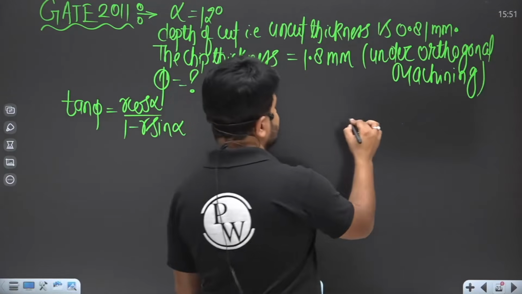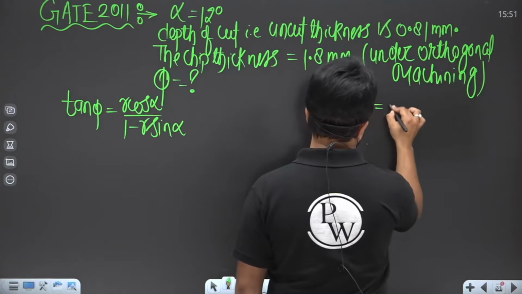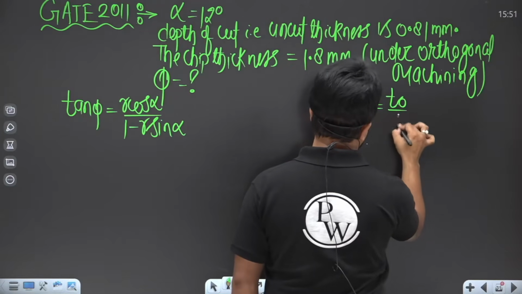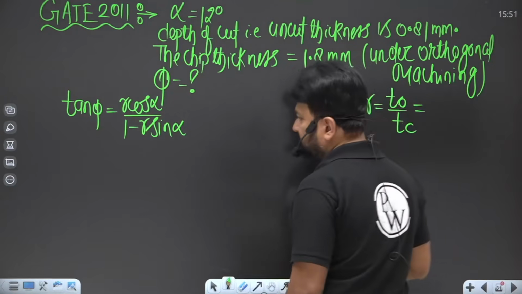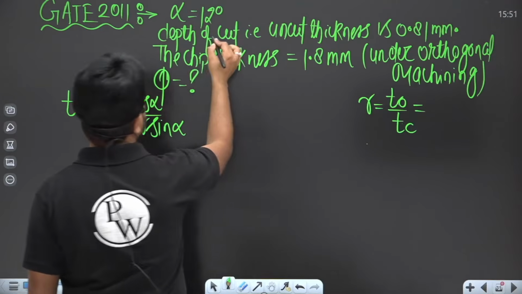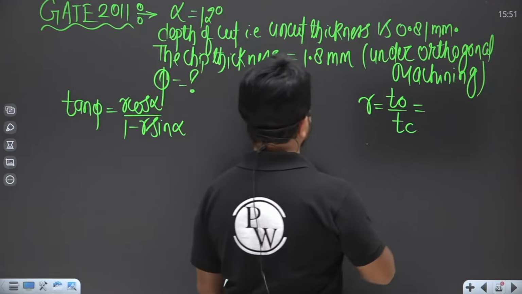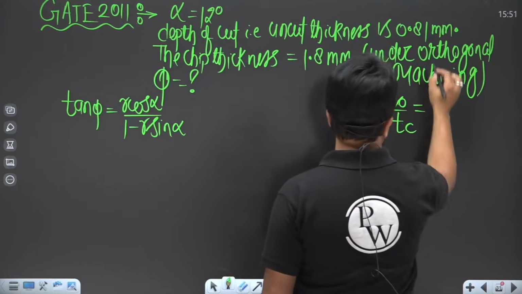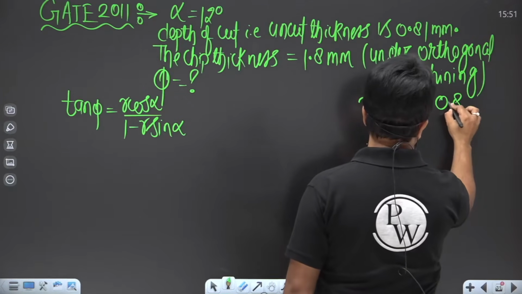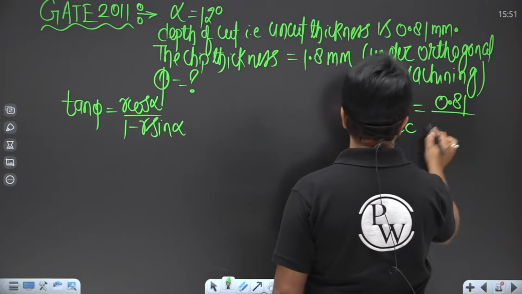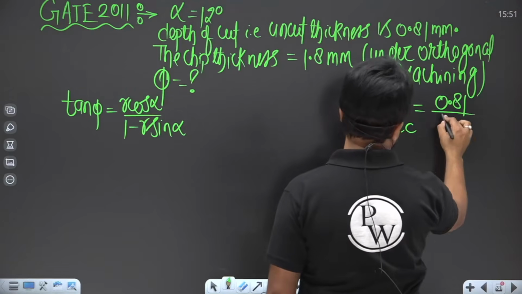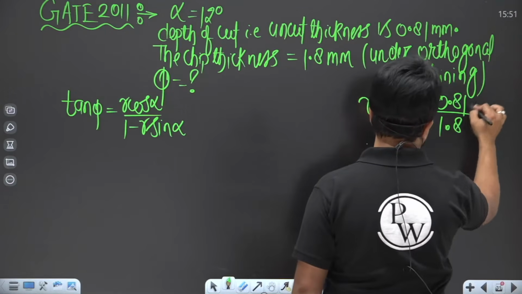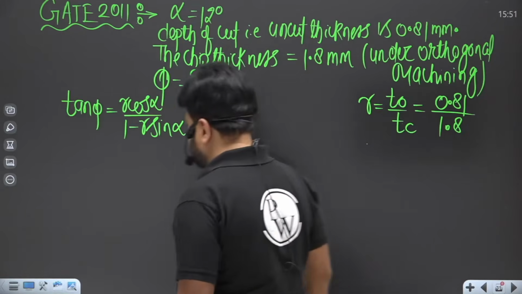Now r is the chip thickness ratio, that is t0 by tc. The depth of cut, that is the uncut chip thickness, is 0.81, divided by tc, the chip thickness, that is 1.8. All the values are in mm.